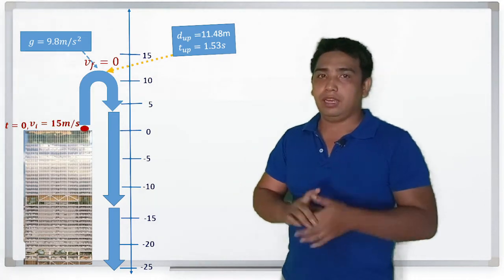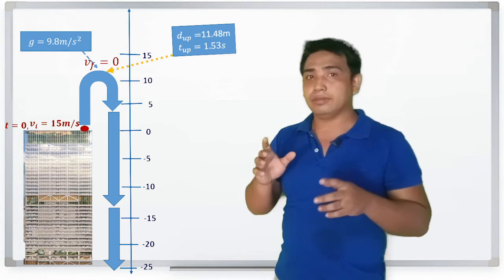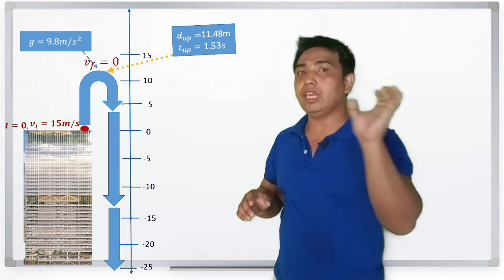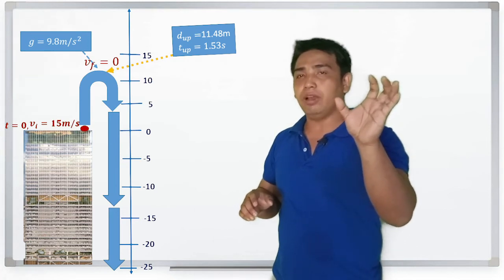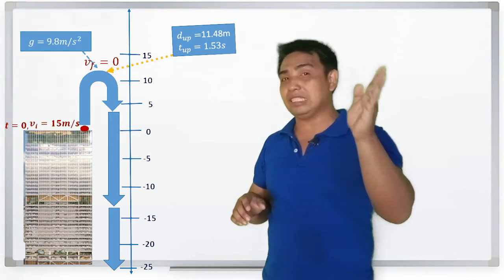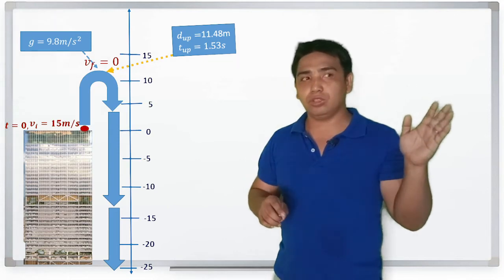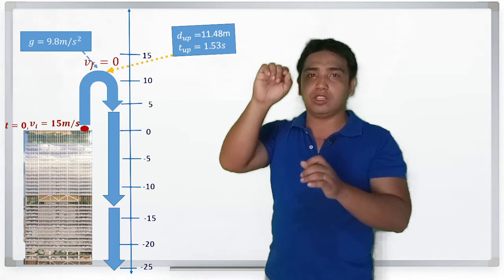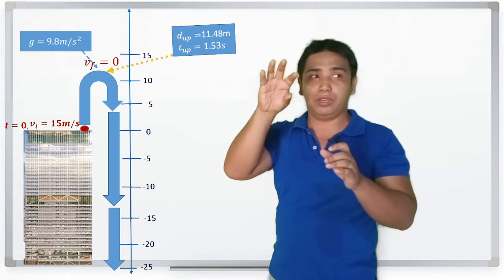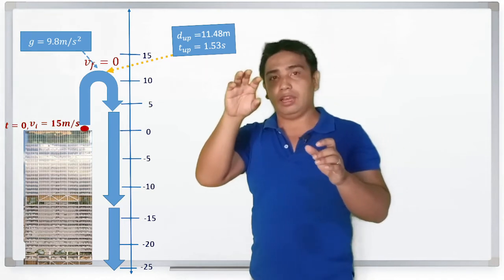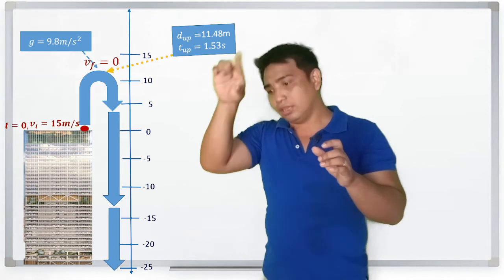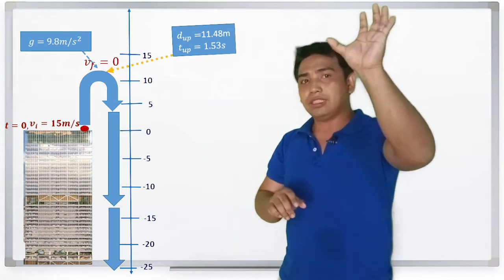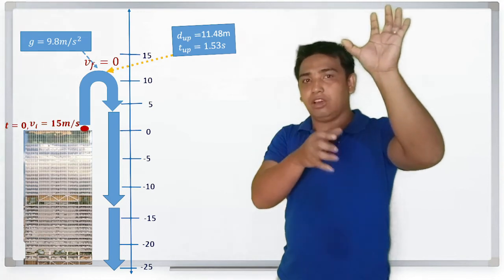Because that's the only time when the acceleration of the ball is directly equal but opposite in sign to the acceleration due to gravity. So both accelerations cancel out. So there is no acceleration at that point in time, and it will fall down. So the acceleration of the ball cancels out the acceleration of the earth.